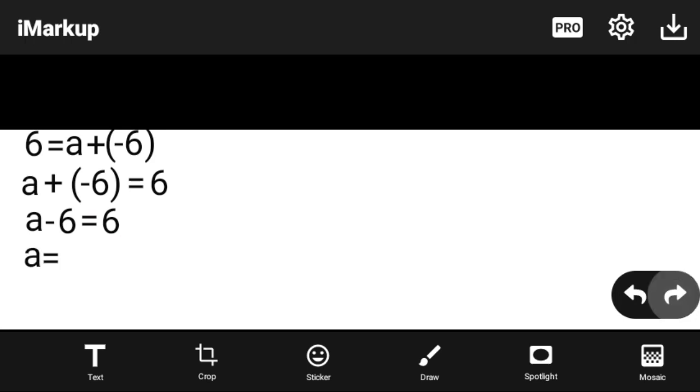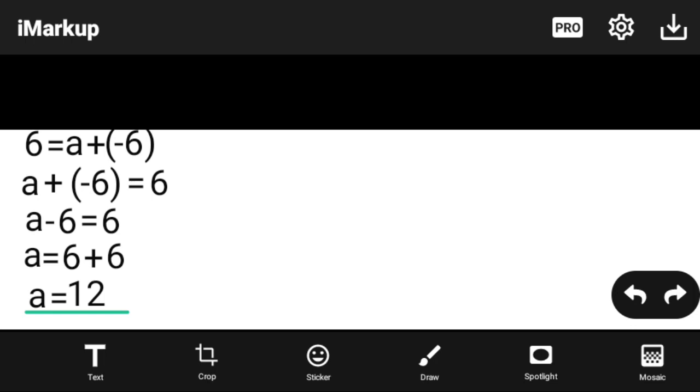When you take the negative 6 to the other side, it becomes positive because it has crossed the equal sign. So a is equal to 6 plus 6, which is 12. So that is the answer for the first term.